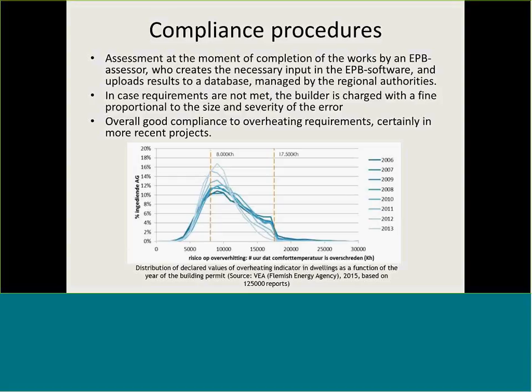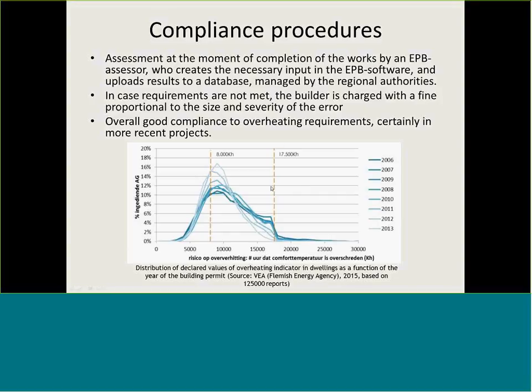Since all this information is available at the central database, the authorities can also report on to what extent the requirements are met, and the graph shows a distribution of all submitted reports with corresponding overheating indicators. Each line represents another year of a building permit.